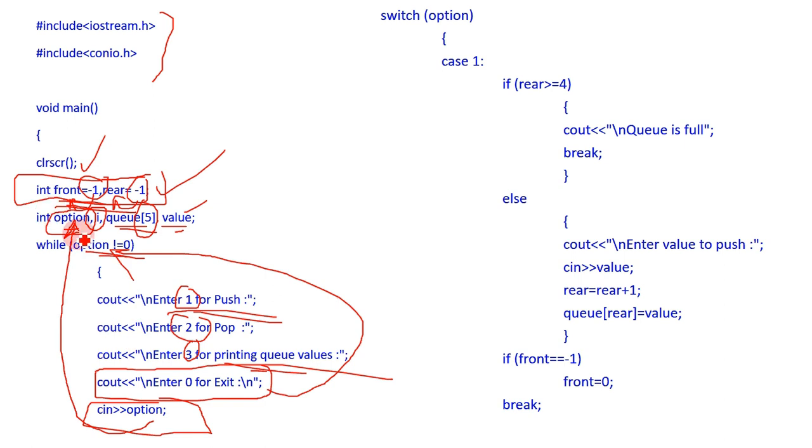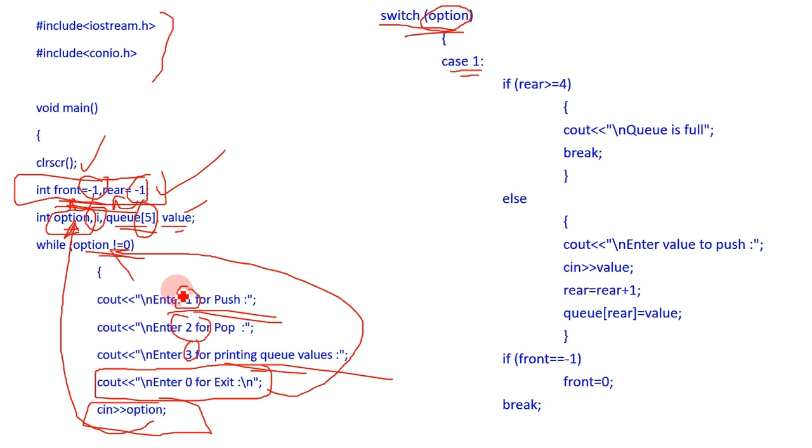Okay, so for the first time, option will have a garbage value, so that garbage value may not be equal to 0. Okay, so the control will go inside this while loop, and inside this while loop a switch statement is used. Okay, when you enter an option, say for example 1, 2 or 3 or any other value, the control will go to that specific case.